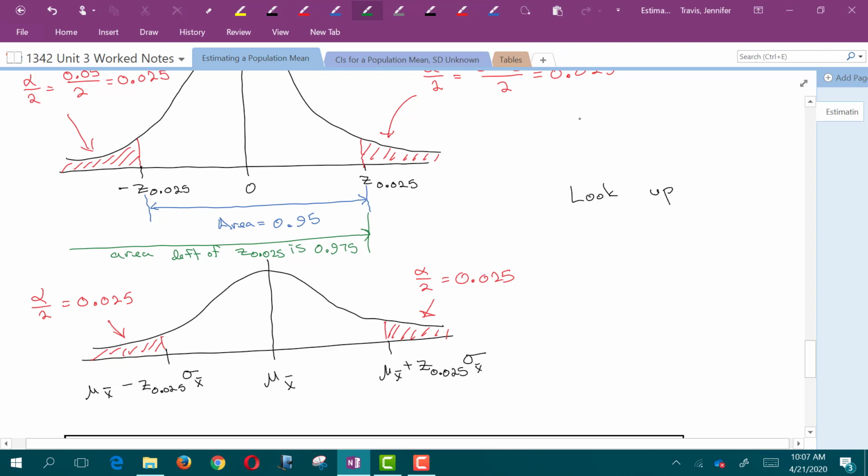I got that by taking 1, because remember the whole area under the curve is 1, minus that 0.025. That's going to give me 0.975. So now I'm going to look up area equals 0.975 in my normal table, and figure out the z-score for that.